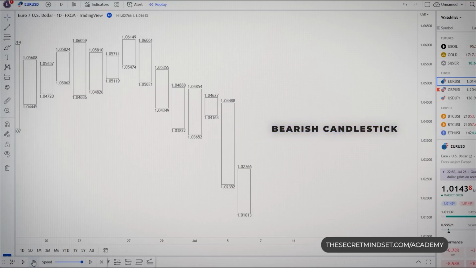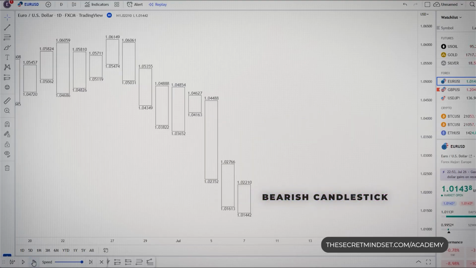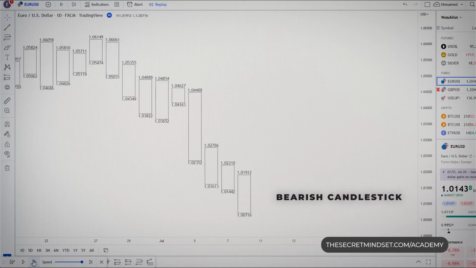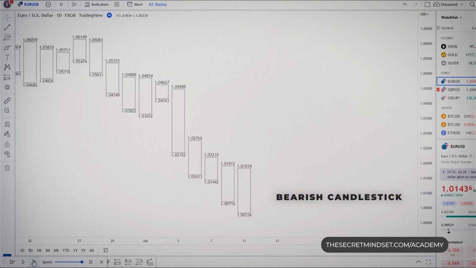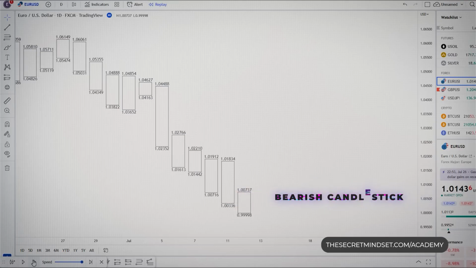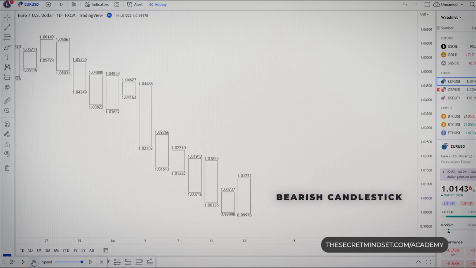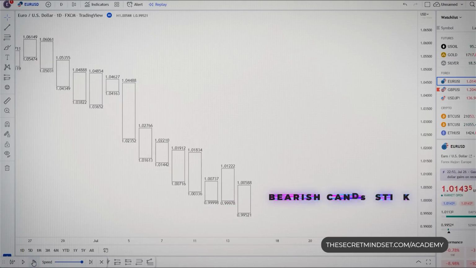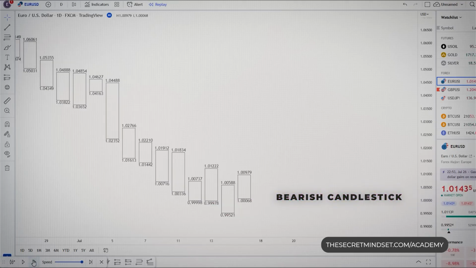Next is a bearish candle, another bearish candlestick, and another one. Okay, we have our first engulfing candle with a higher high and a lower low compared to the previous bar. Another bearish candlestick.